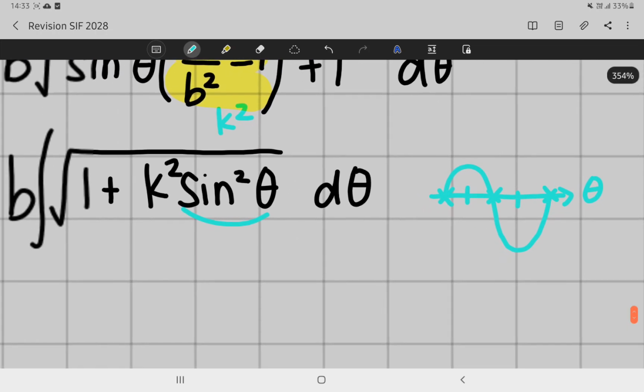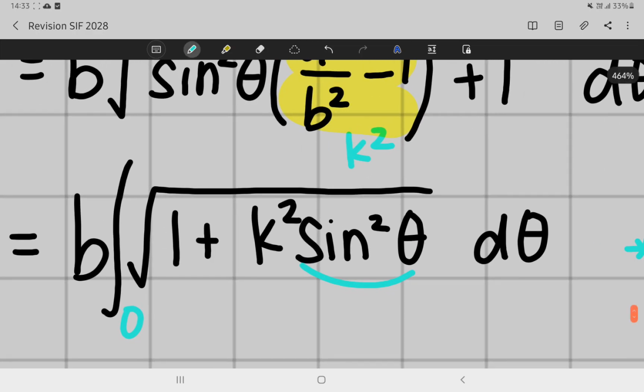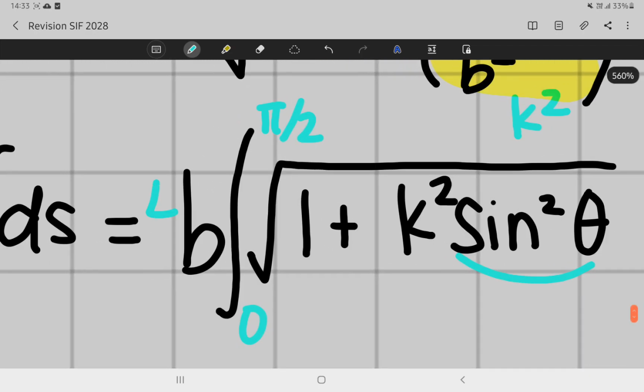So you cannot integrate all the way from 0 to 2 pi here. You need to consider only the first quadrant, from 0 to pi over 2, and because the quadrants are symmetric, we just multiply by 4. It's very simple.